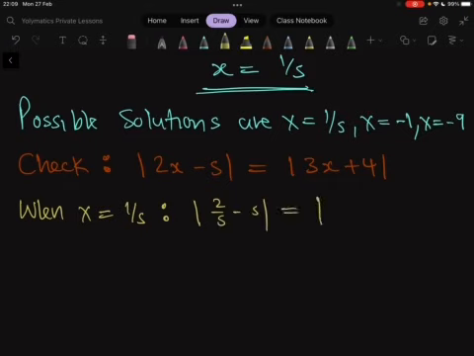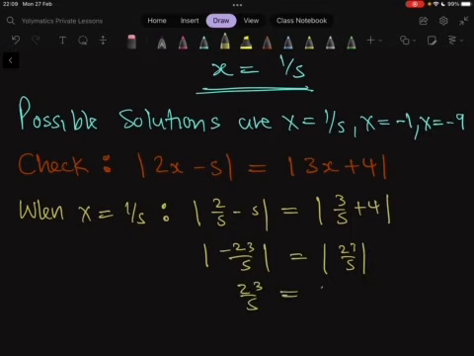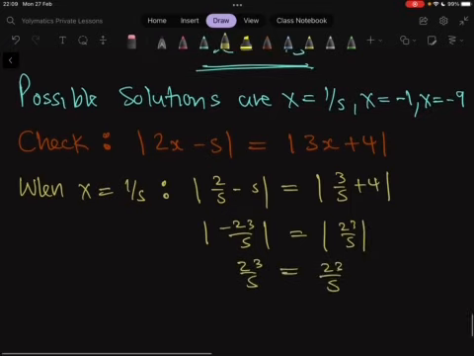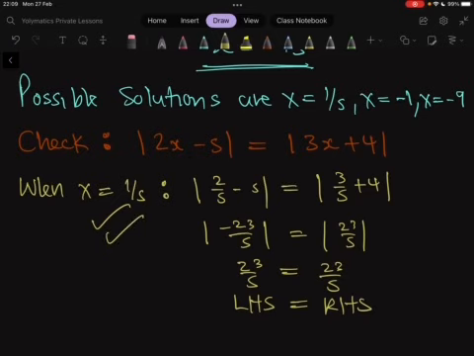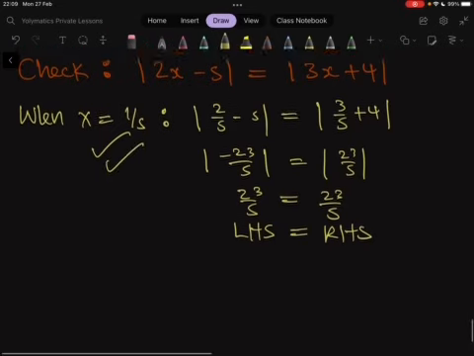Put 1/5 on the right, you get 3/5 plus 4. On the left you get 23/5 and on the right you get 23/5. So the left hand side is equal to the right hand side. This is a perfect solution.